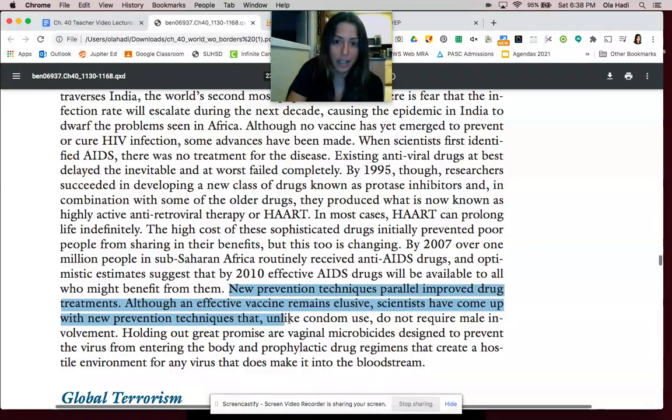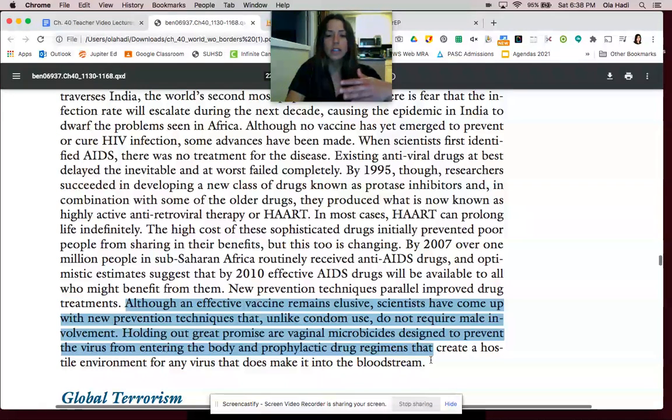They cost money. And then there are also other treatments that can be used without the need of male participation, so things that women can do to try to create an inhospitable environment for the AIDS virus. Unfortunately, there is no vaccine yet, but I've heard a lot of stories. I'm not up to date with the most current HIV/AIDS research, but that's something you can study on your own.